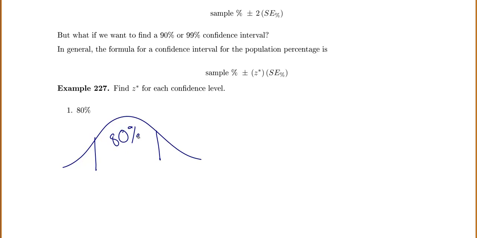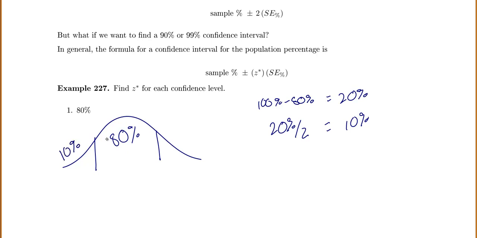If there's 80% in the middle, then 100% minus 80% equals 20%, and 20% divided by 2 is 10%. The reason why is that your total area always has to add up to 100%. So there's 80% in the middle, there's 20% left over, but you have 2 tails, so you divide by 2, and that means there's 10% left to go in either tail.